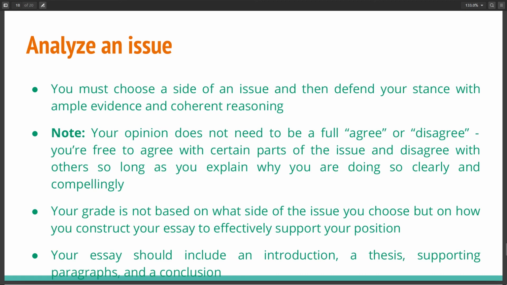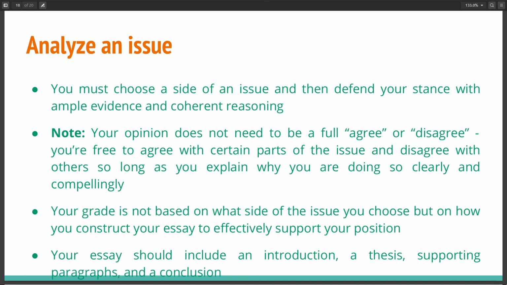So let's talk about the analyze an issue essay. An issue will be given in the exam, and you'll have to choose a side of that issue and defend your stance with evidence and clear reasoning. Note that your opinion does not need to be 100% agree or 100% disagree with the issue.